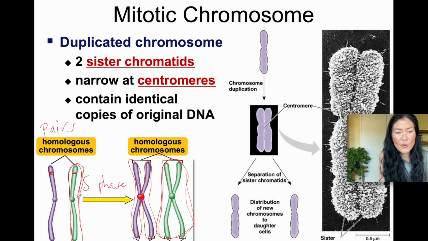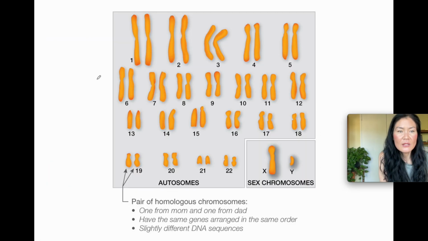This is before the S phase, this is after the S phase, but they are both called chromosomes. One is single-stranded, the other one is double-stranded, okay? So to visually see what's happening with these homologous pairs and double-stranded chromosomes, let me draw this first.